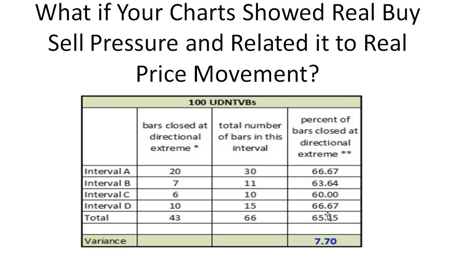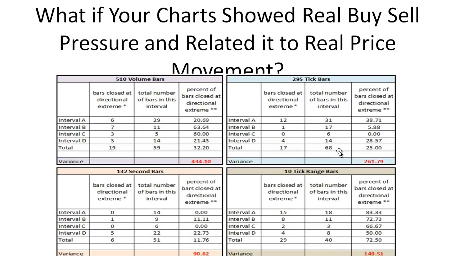and would do so with remarkable consistency in all test intervals, as opposed to other types that are very inconsistent over time. I didn't actually point that out, but if you look at the range, you go from 0 to 38% of the time here. Here you get 20 to 63%. On the time-based bars, it's 0 to 22%.